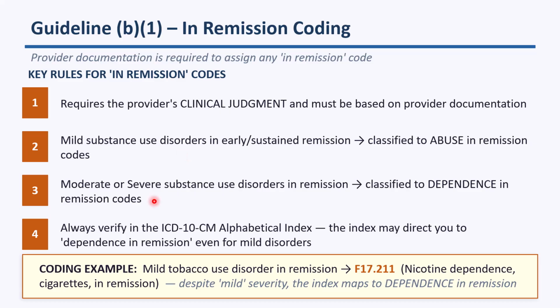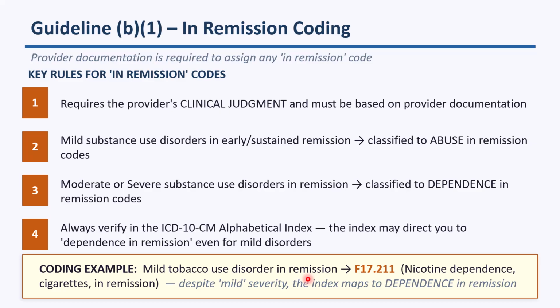Rule 3, and this one surprises people, always verify in the ICD-10-CM alphabetical index, because the index can direct you to the dependence in remission code even when the documentation says mild. Look at the coding example. A patient with mild tobacco use disorder in remission.